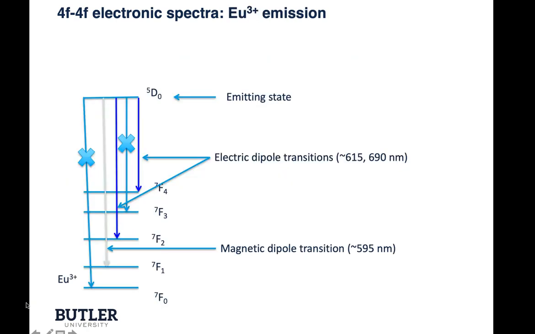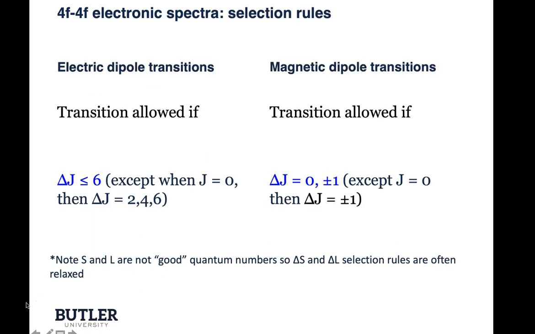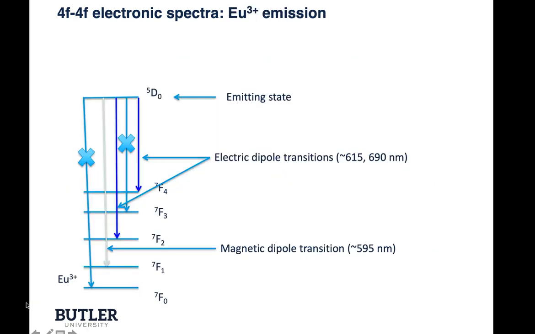So if we look at the europium 3+, the emitting state is 5D0, so we're primarily talking about emission. So J equals 0. So going from 5D0 to 7F0, the delta J is equal to 0. Okay, so we go back to our selection rules, and in both cases, you noticed as J is equal to 0, we can't get magnetic dipole allowed, we don't get electric dipole allowed, and we typically don't see that transition.